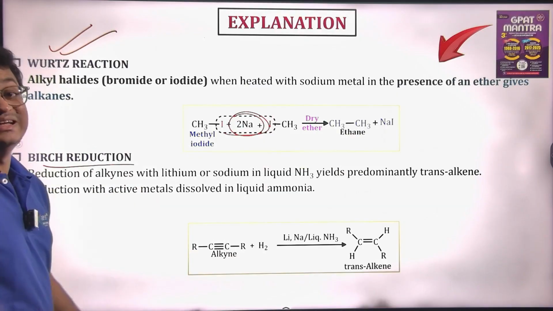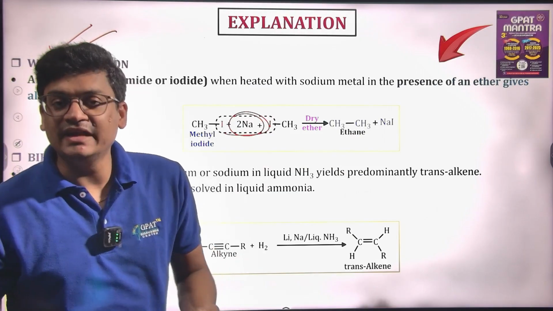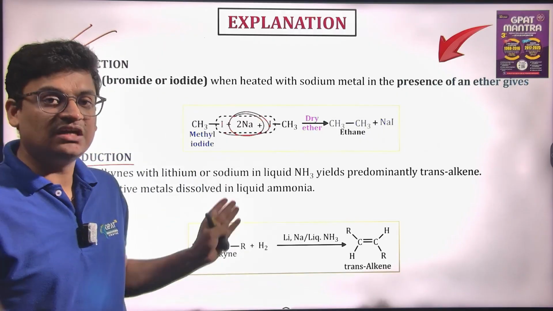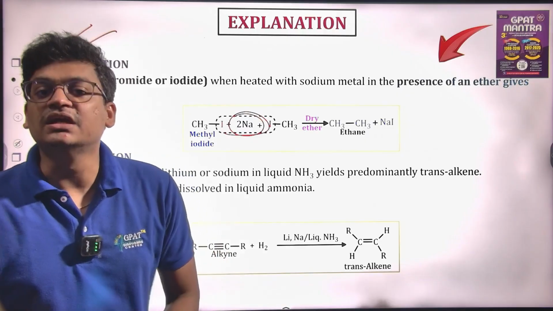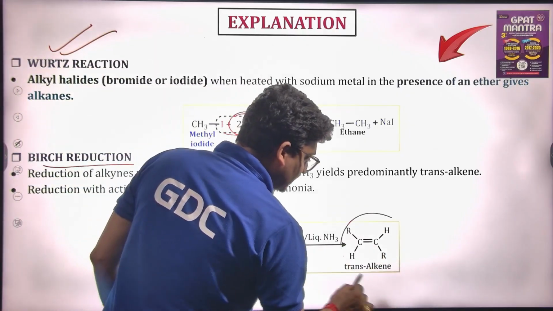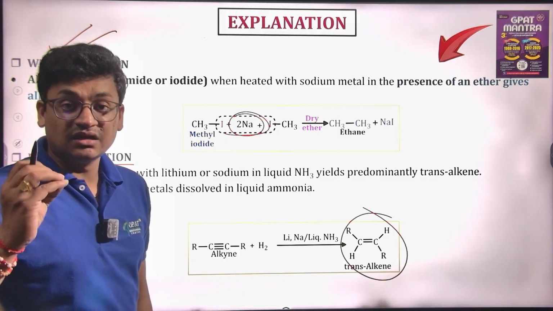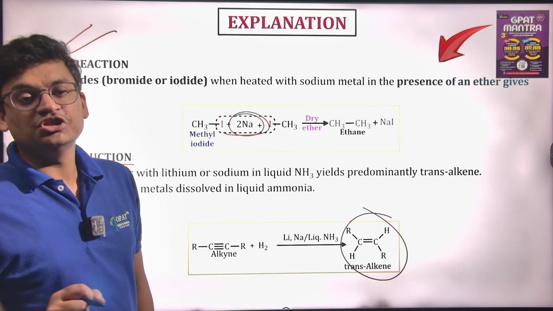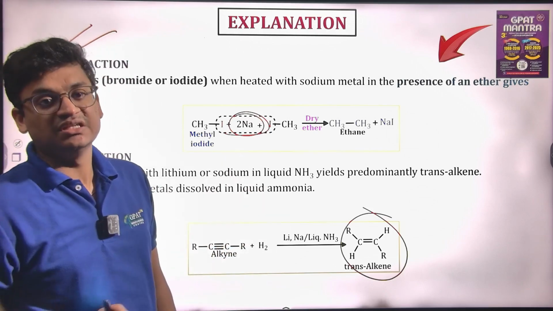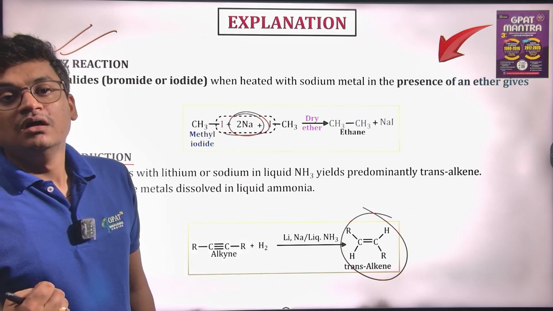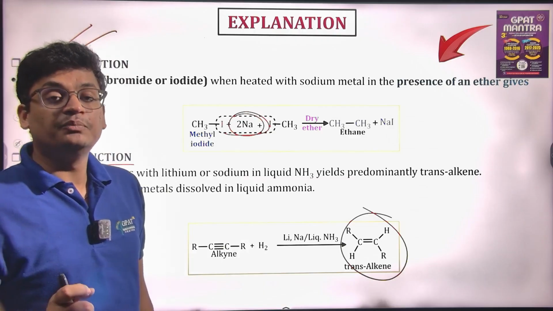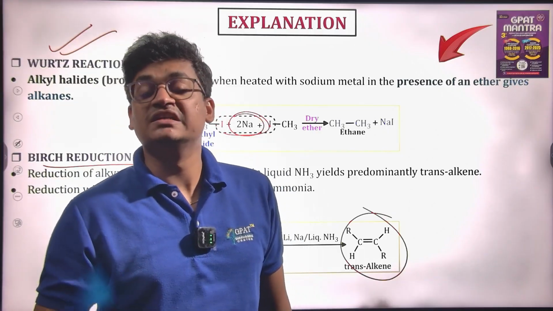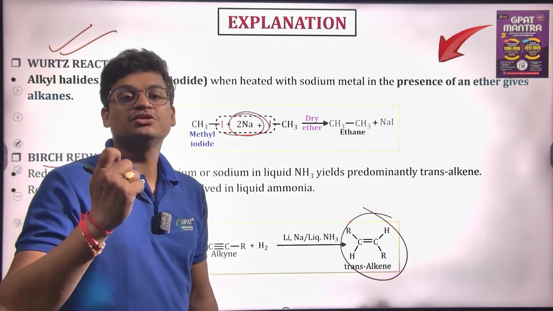Birch reduction is a reaction of the alkyne system in which sodium or lithium metal dissolved in liquid ammonia is reacted with an alkyne, and we get a trans-alkene. We have to remember the reagent is sodium or lithium metal in liquid ammonia; we always get the trans-alkene. If we have palladium poisoned with barium sulfate or calcium carbonate, also known as Lindlar catalyst, we always get the cis-alkene.